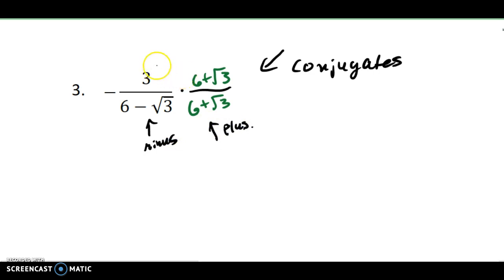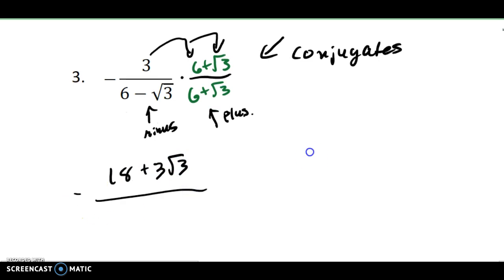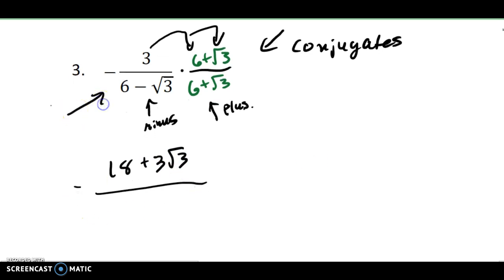And then here, we're going to distribute to both on the top. So we're going to get 18, and it'll be 3 root 3, because roots and numbers don't get along. And there's the negative up front, so we're not going to forget that. And then the denominator we're going to FOIL. So 6 goes to both.